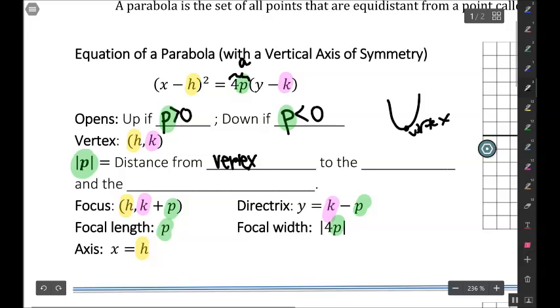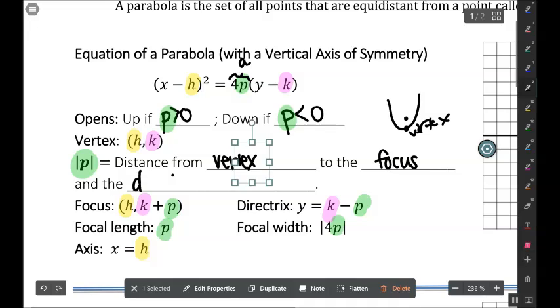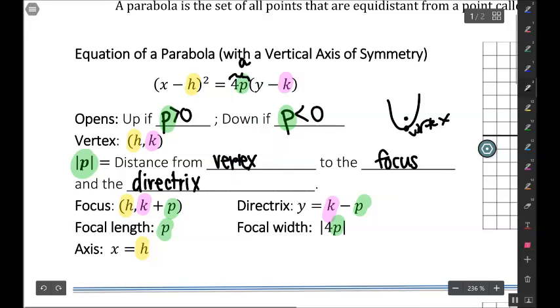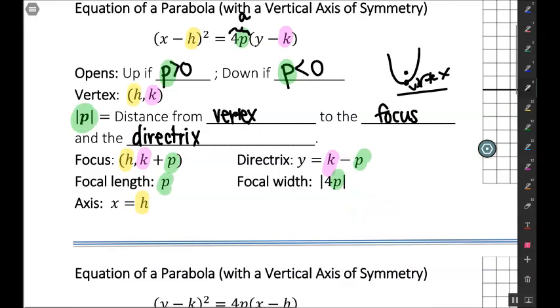And so it's the distance from the vertex to the focus, which is inside, and the directrix, D-I-R-E-C-T-R-I-X, which is out here. So you don't necessarily need all of these formulas, but they come in handy if you want to use them.